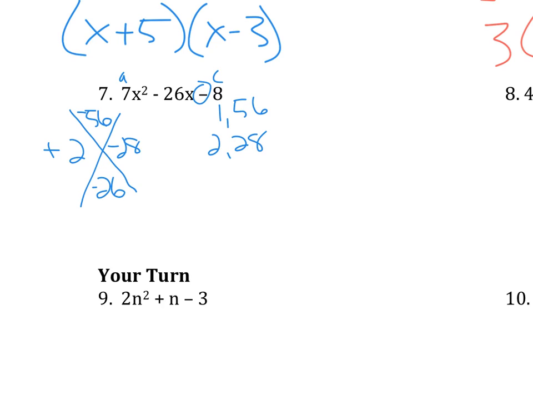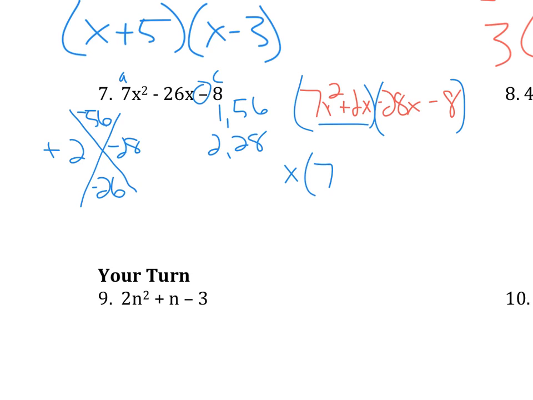And then as we do our grouping, we get 7x squared plus 2x minus 28x minus 8. Then we group. Here we have just an x in common.